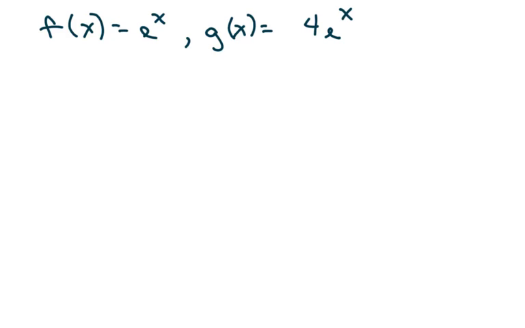And the last two I have are just basic transformations. So for example, if we have f of x equals e to the x, and g of x equals 4e to the x plus 3, plus 6, we're just going to describe this.